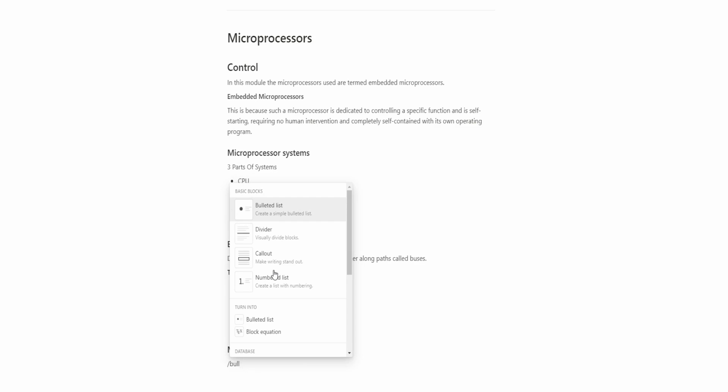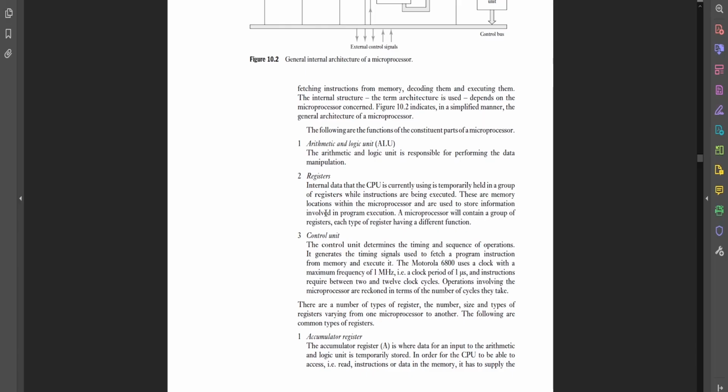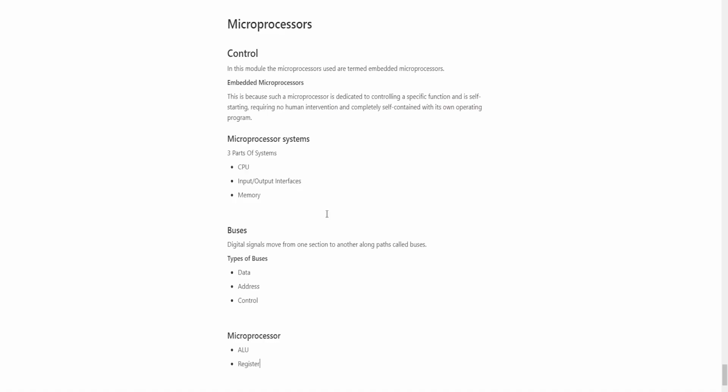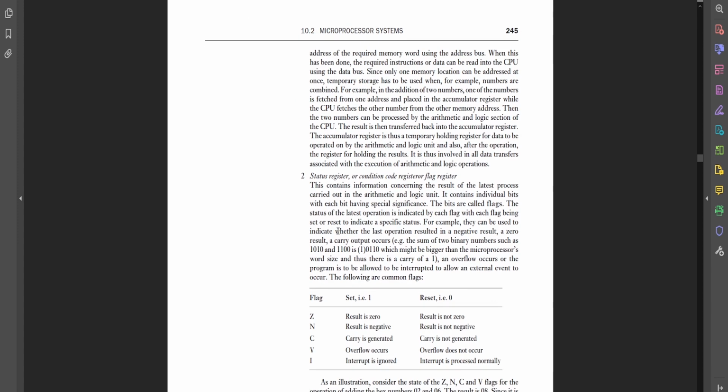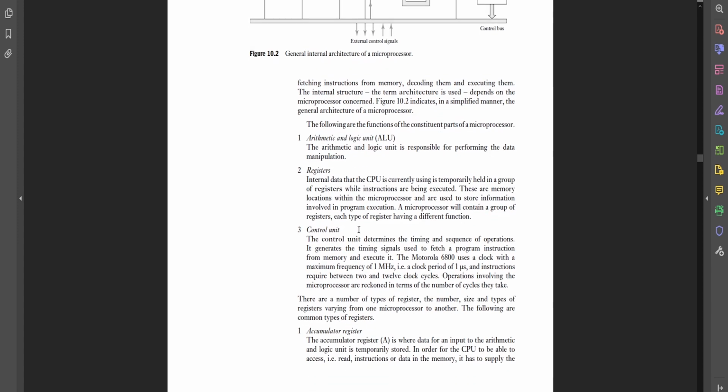Let's do a bulleted list. We've got ALU, registers, control unit, accumulator register. The number, size, and types of registers vary. So these are different types of registers.